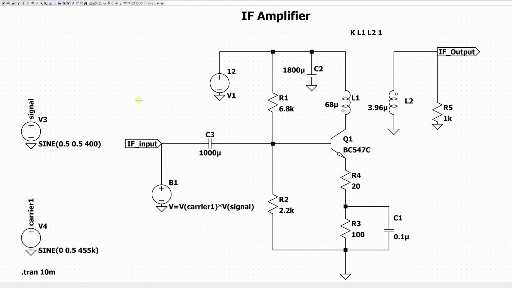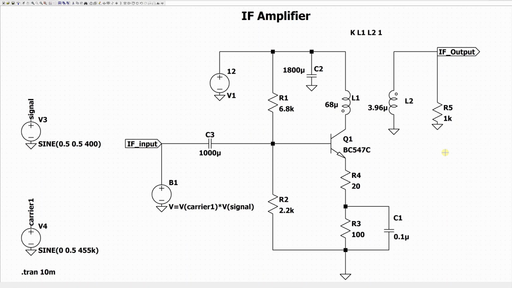The input of this IF amplifier is simply the output of the mixer, and we have it by mixing the message signal of about 400 hertz and the carrier, which has about the same frequency as the resonance frequency of the IF amplifier. The output is taken at the secondary of this transformer, and then we have the load of 1K, which is supposed to be the input impedance of the product detector.